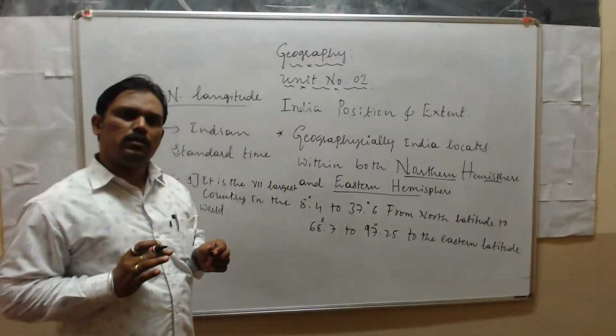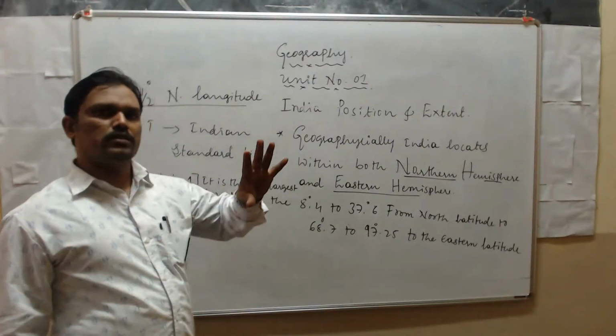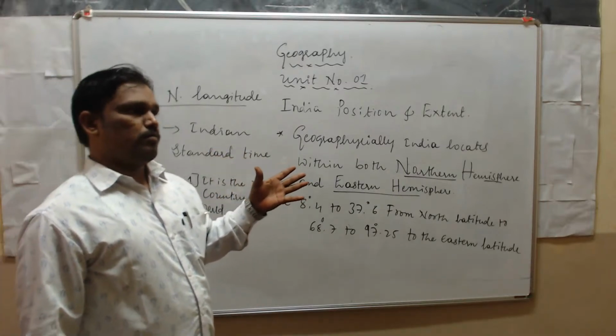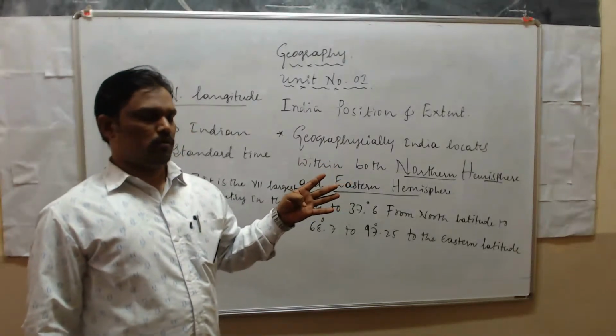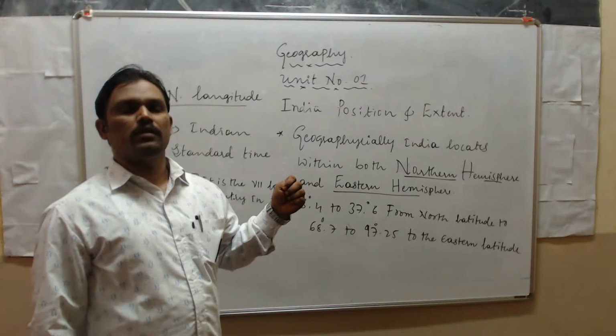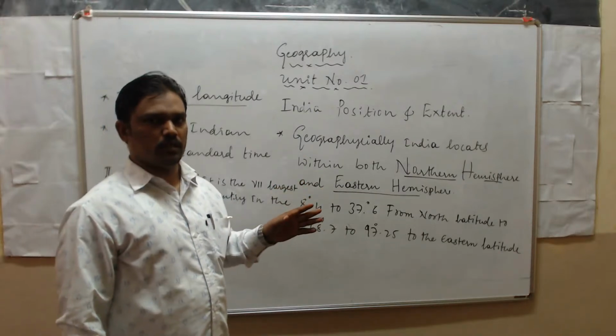Then, which are the top five largest countries in the world? It means which is the first largest country, second largest, third, fourth, fifth, like that. Geographically, I am saying here.